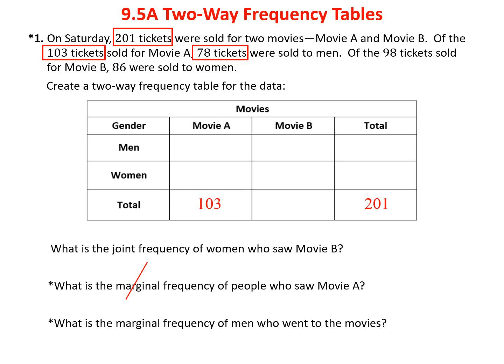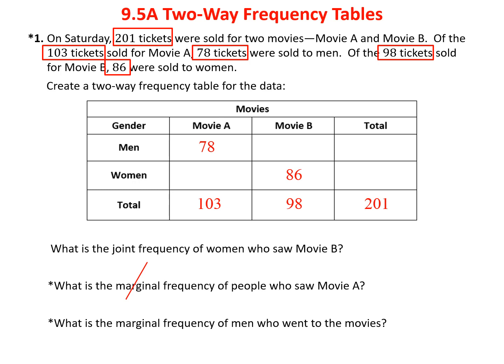So 78 men in movie A. That's a joint frequency, 2 things. Men in movie A, 78. Next sentence. Of the 98 tickets sold for movie B, so that's my total for B, 98, 86 were sold to women. So that's my joint frequency, women who went to B, 86.